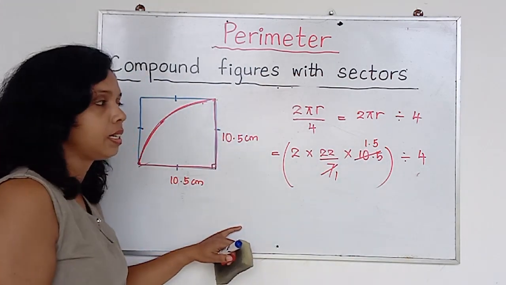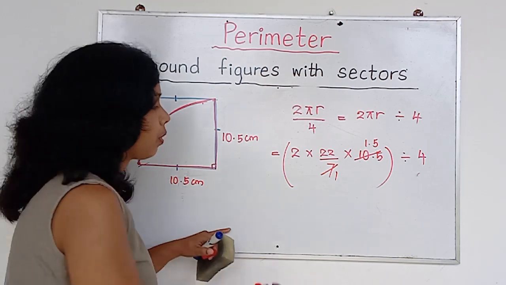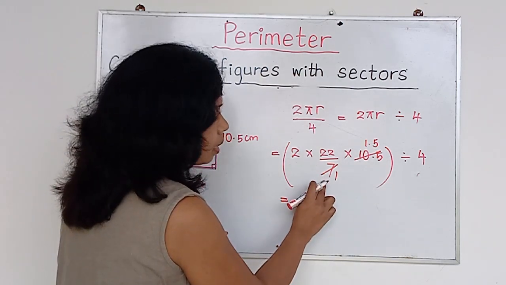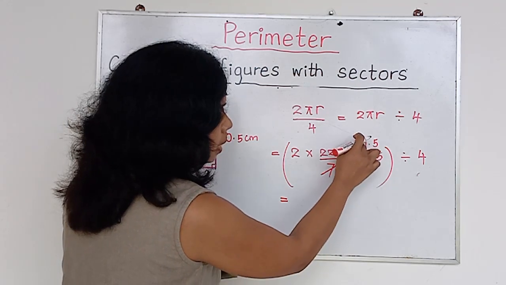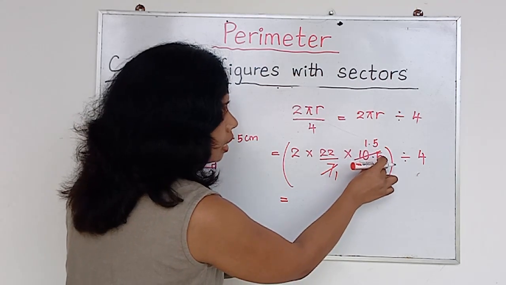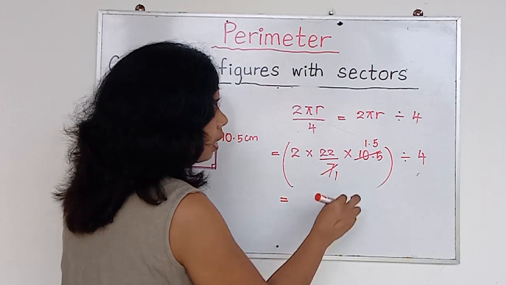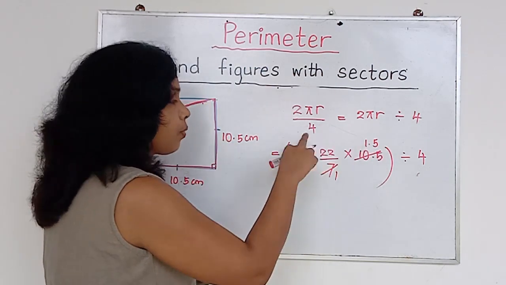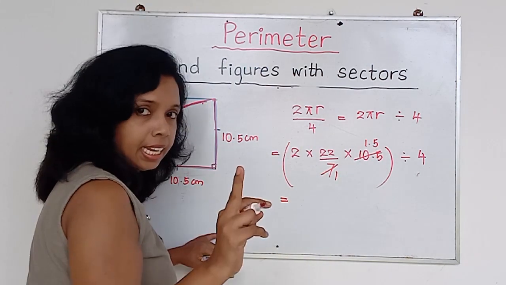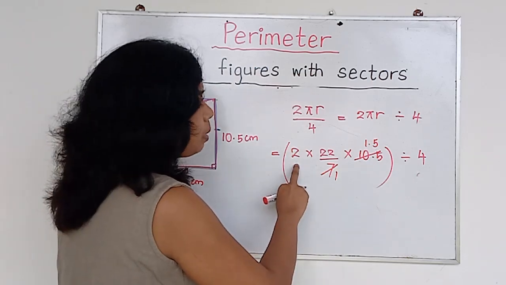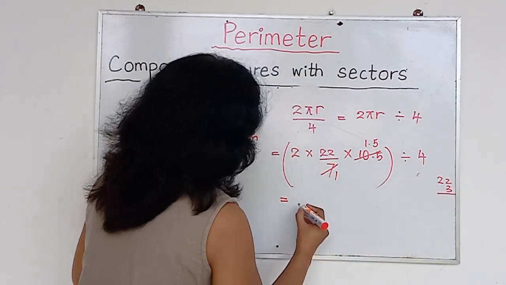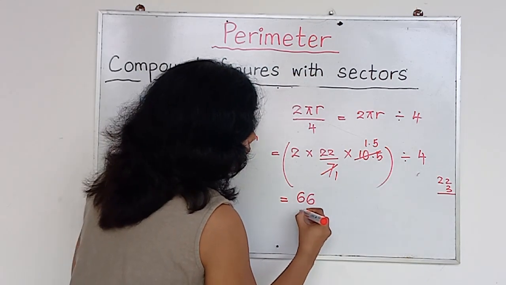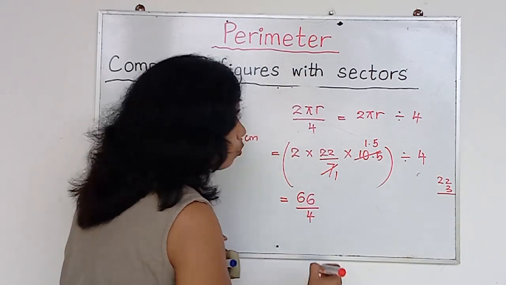What is the answer, children? 7 times 1 is 7, and 7 times 5 is 35, so 7 times 1.5 is 10.5. 1.5 times 2 is 3. 3 times 22, what do you want to do? 3 times 22 is 66, divided by 4.